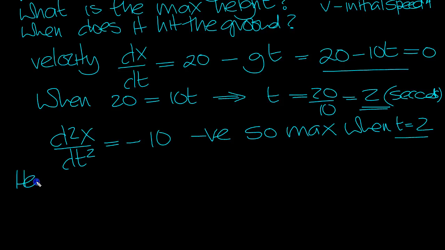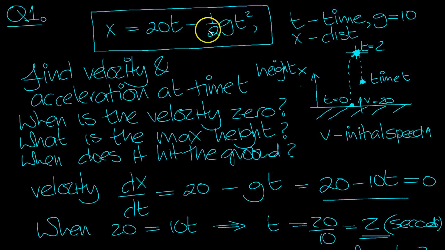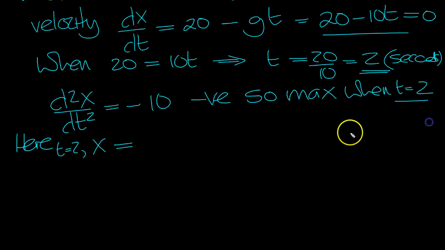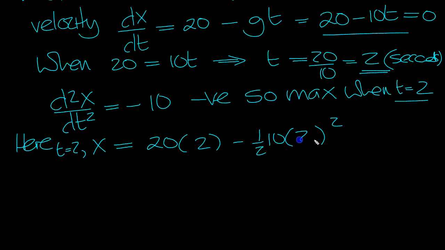Here, the maximum height then, when t equals 2, the height is x, 20t minus half gt squared. 20t minus a half g times t squared, the time is 2.